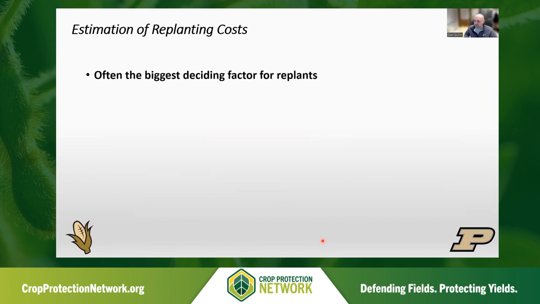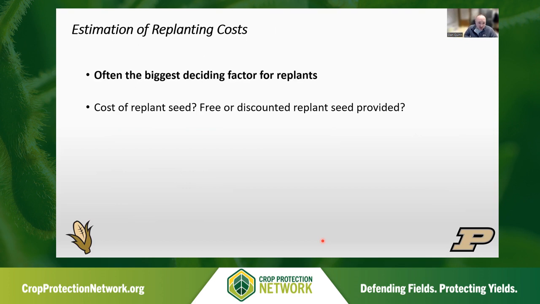And then lastly, you think about estimation of replanting costs. This is often the biggest deciding factor for replants: what is my potential yield loss, and how does that relate to what it is going to cost me to make that replant decision? So certain factors to consider are the cost of replant seed.